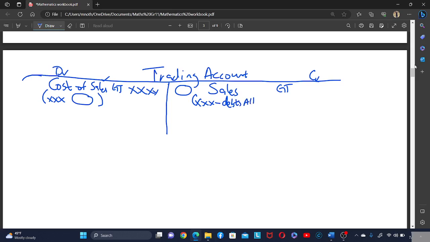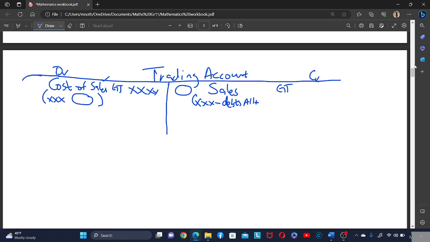Then again you go to the adjustments and check whether there is a transaction that is affecting the sales. For example, if there were goods that were sold and not recorded, you will have to come here and increase the sales.